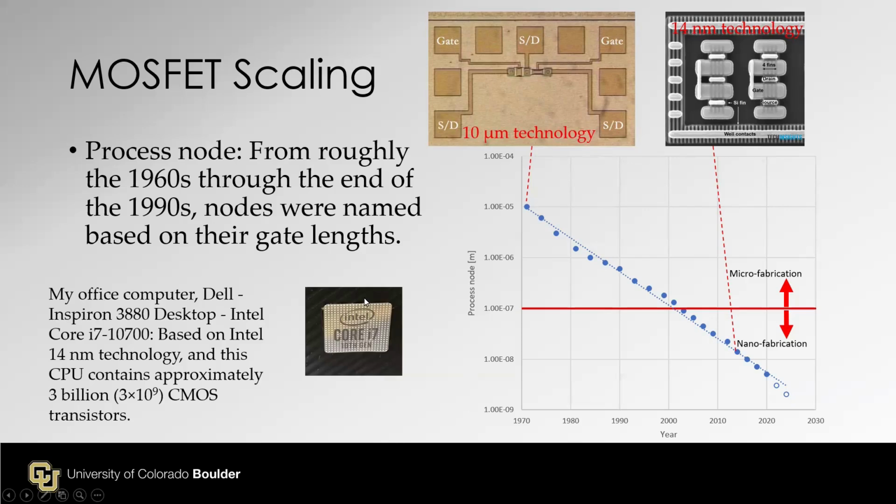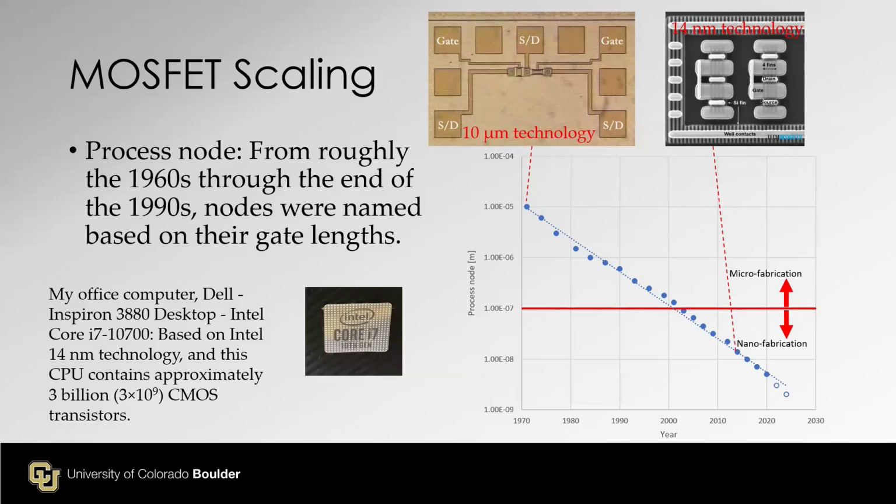I checked my office computer, an Inspiron 3880 desktop. It has a Core i7 10700, which is an Intel chip, and that uses 14 nanometer technology. How much did I pay for this computer?